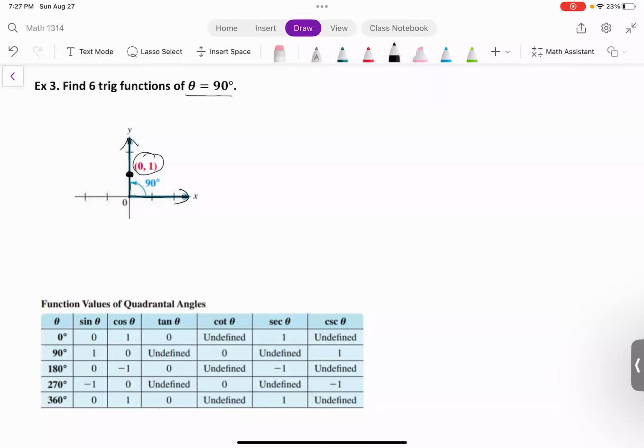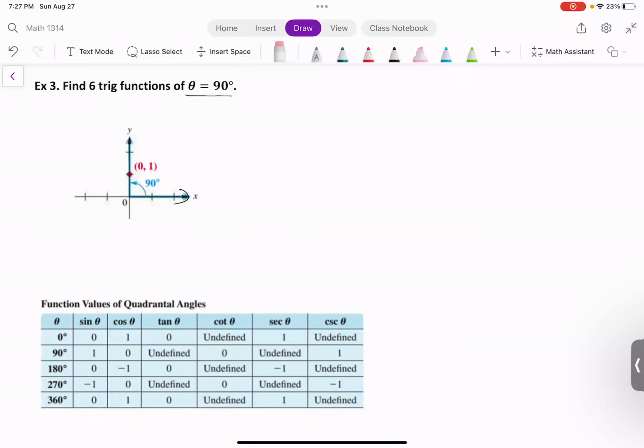Any point on the positive y-axis could be a point I need. This point has xy coordinates, so I know what the xy is, and I can also find the r value. So why am I choosing the point 0, 1?